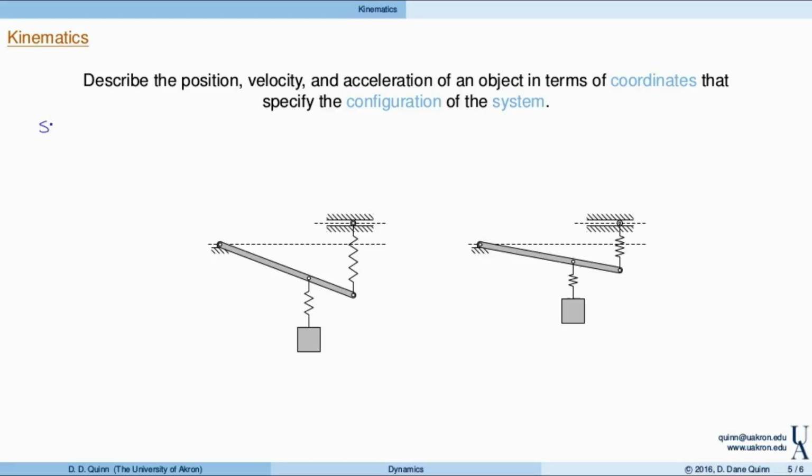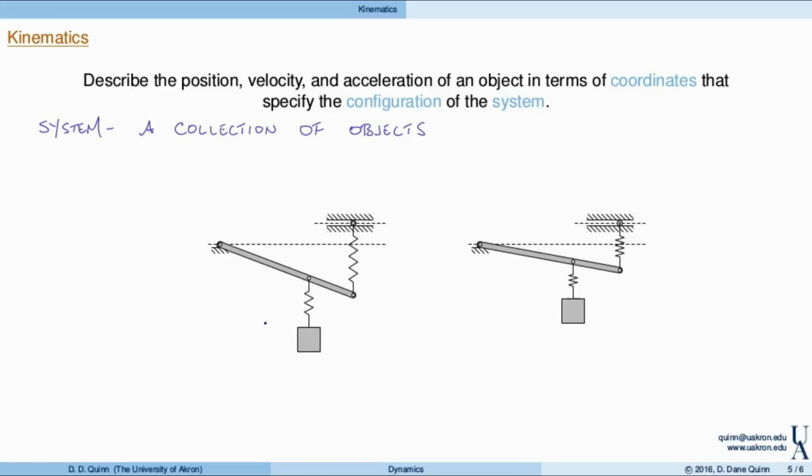And we'll start with system. Right? So when I say system, what I mean is a collection of objects. So this is everything that makes up the problem that we're interested in, the mechanical system.